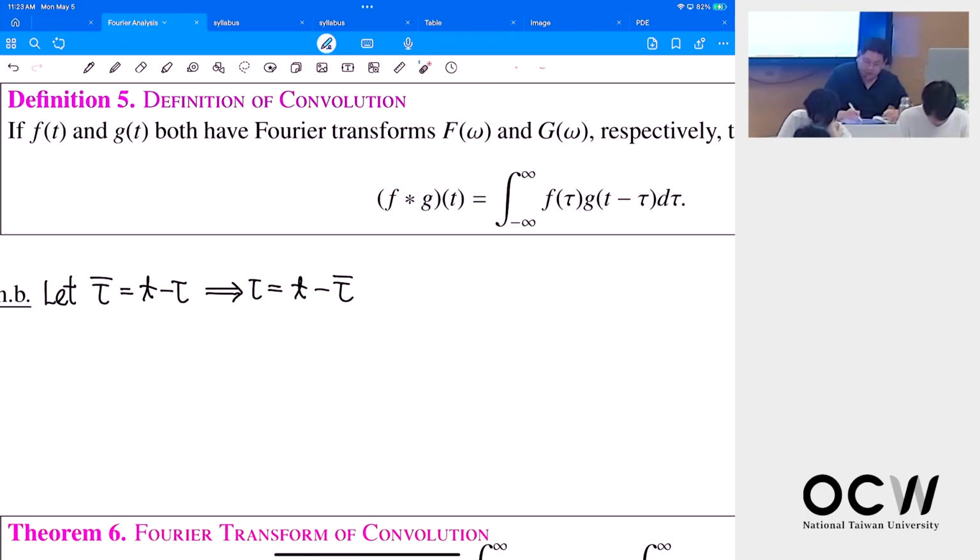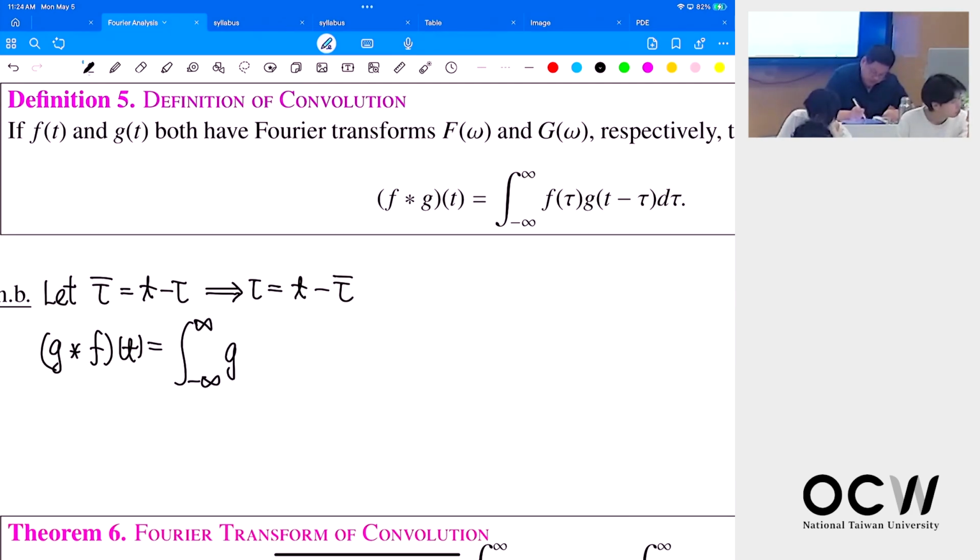According to the definition, for f convolve g, I fix f and flip g, and shift to the right. If I have g convolve f, that means I fix g, and I flip f and shift to the right. So here I have f of t minus tau, d tau.